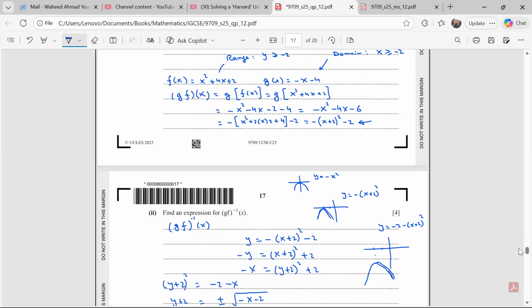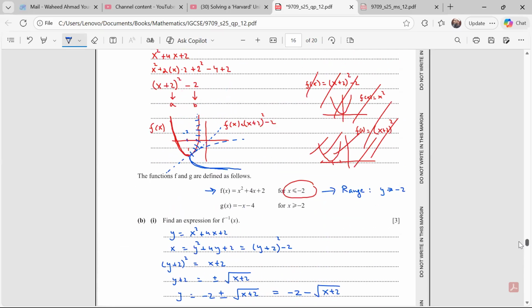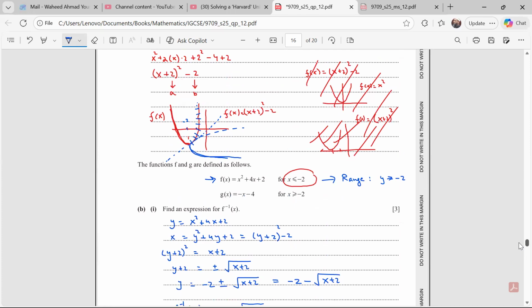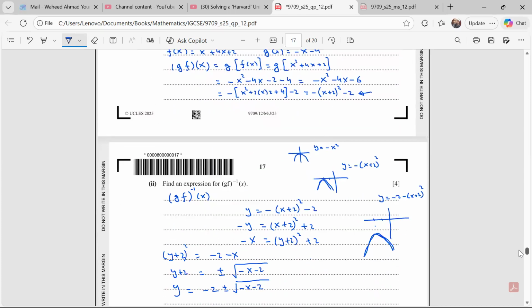Okay, and what is the domain of this function? Remember, what was the domain of f of x? That x has to be greater than -2, right? So x has to be greater than -2. That will be the domain of this function as well.